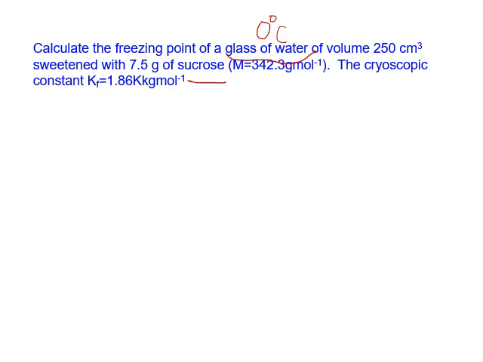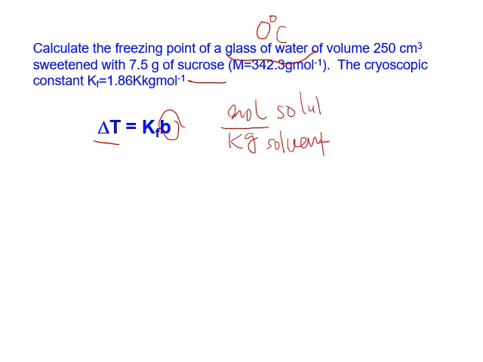Now decrease by how much? Here is the equation. Delta T tells you how much the freezing point decreases. It is a constant times the molality of the impurity, which is moles of impurity per kilogram of solvent. The solute here is the impurity.